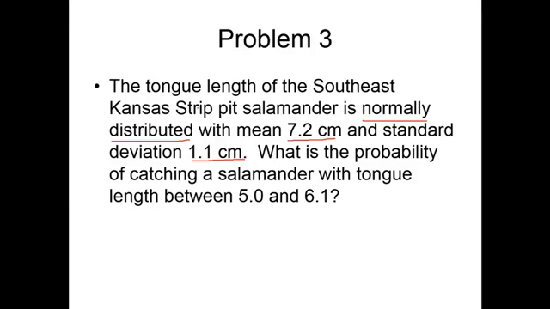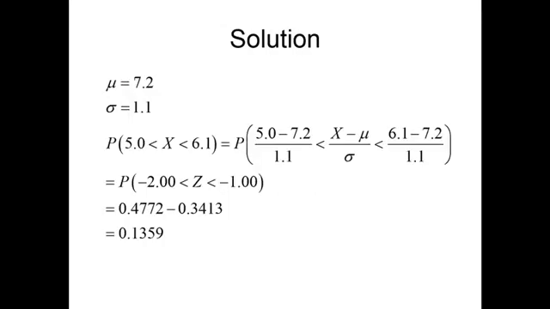We know that the tongue length of strip pit salamanders is normally distributed. The mean is 7.2. The standard deviation is 1.1. What's the probability that the tongue length is between 5 centimeters and 6.1?